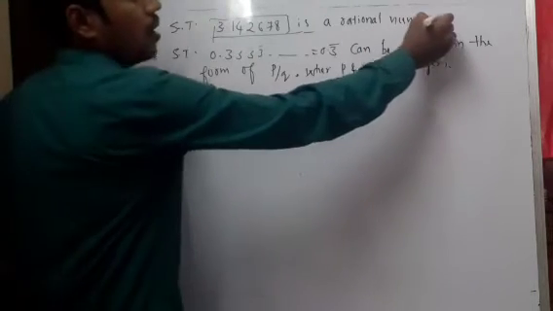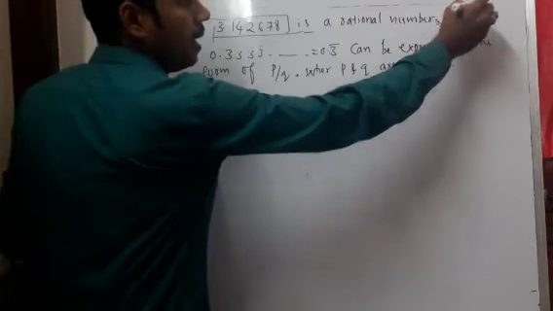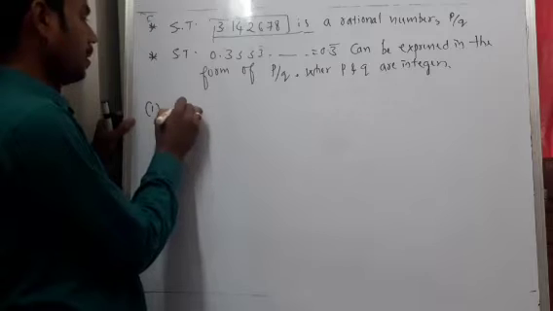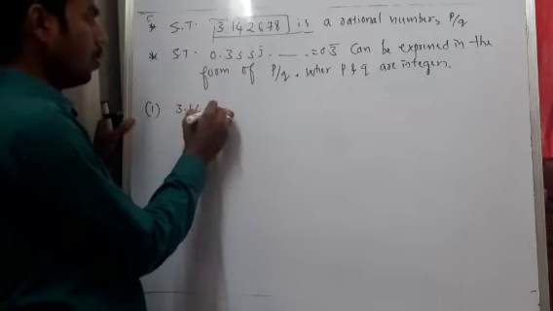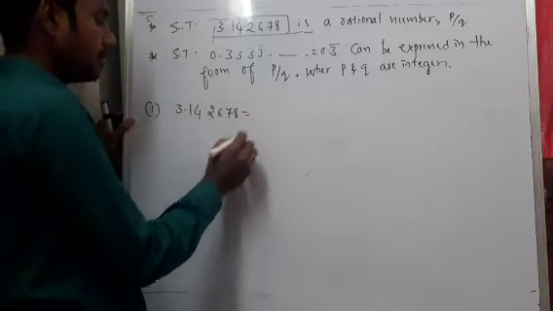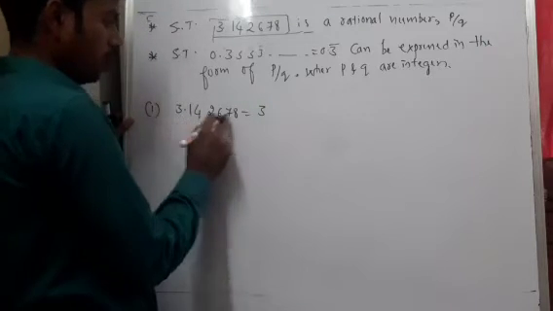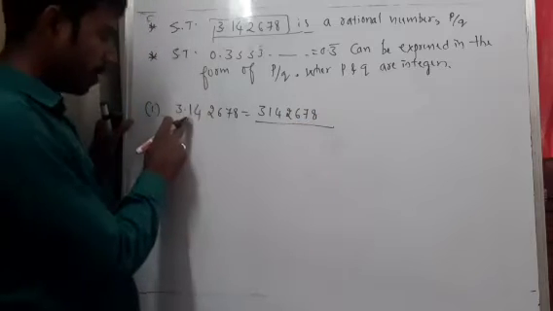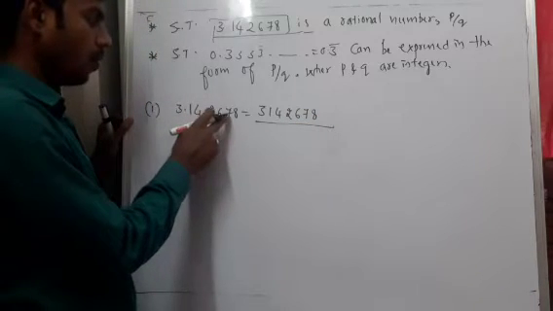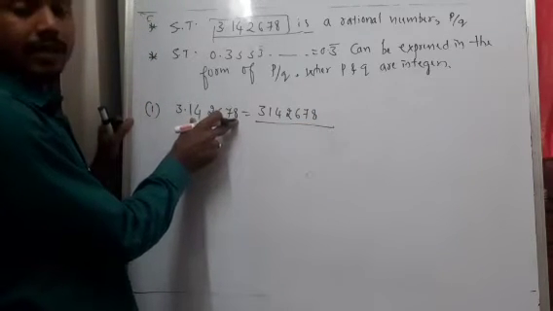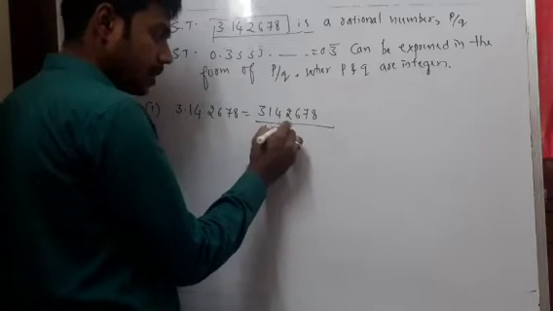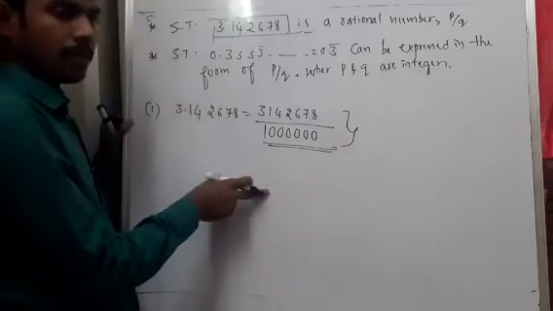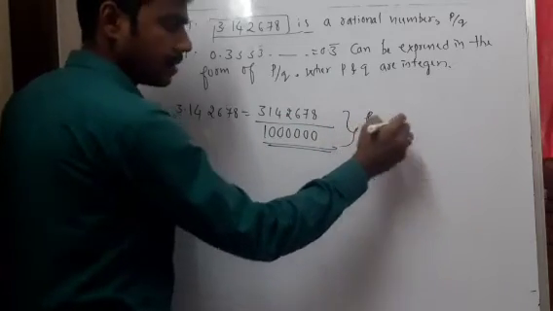So 3.142678 can be written as 3142678 over, since I have removed 6 digits after the decimal, I need to add 6 zeros in the denominator, 1000000. So did I write this in the form of P by Q? So this is your answer.